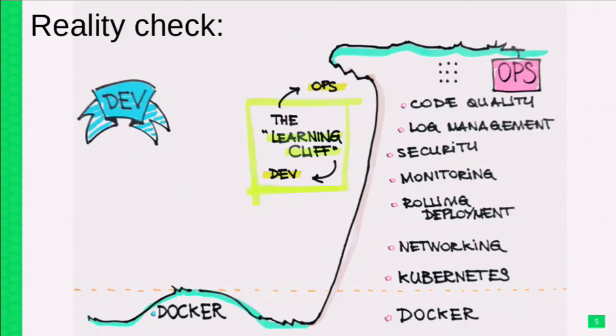Yes, you have to learn Docker as well, but you have a huge series of problems that you will be confronted with. From how am I going to handle all the log management on those containers? How am I going to do monitoring, security, networking? All these issues are going to be there waiting for you. The developer doesn't really care much about this anymore. He made the application, handed it over to operations and says, now you run it.